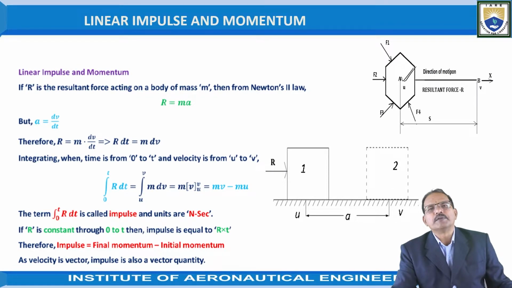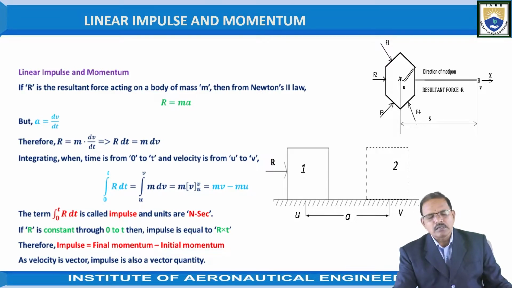Now, if R represents the resultant of all the forces, we can modify this equation as R equals m into a, where R represents the resultant of the system of forces acting in the direction of motion, and a is the acceleration with which the body is moving.